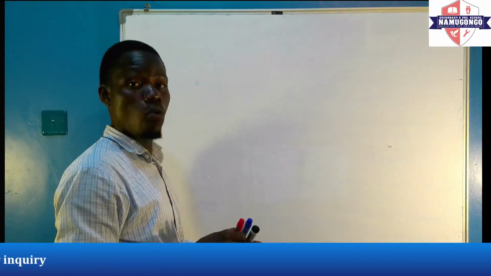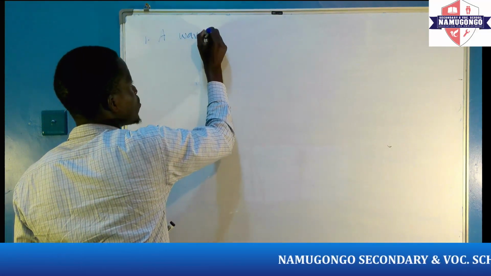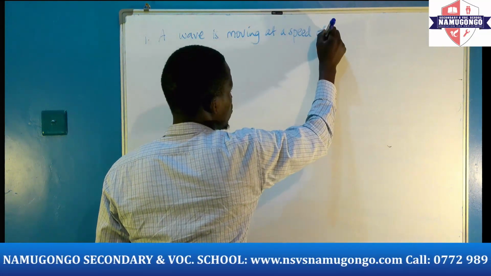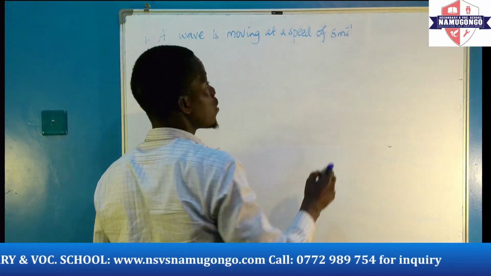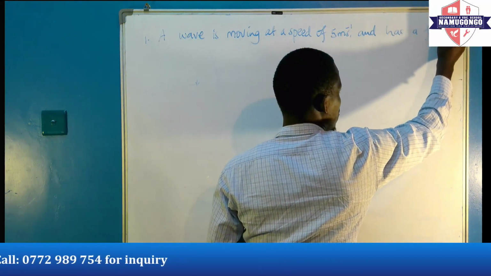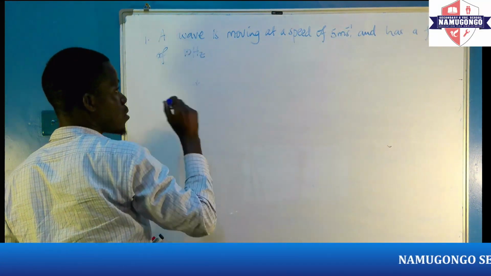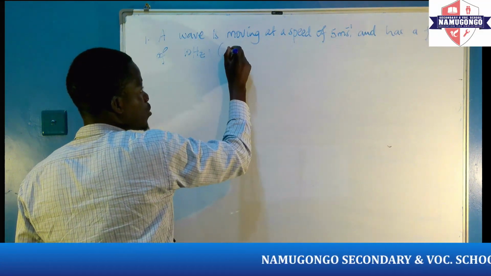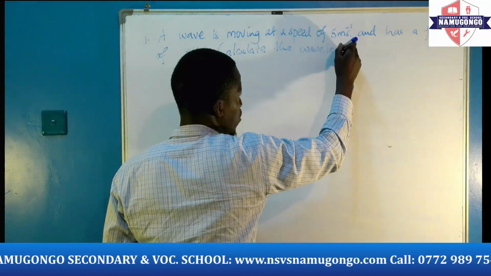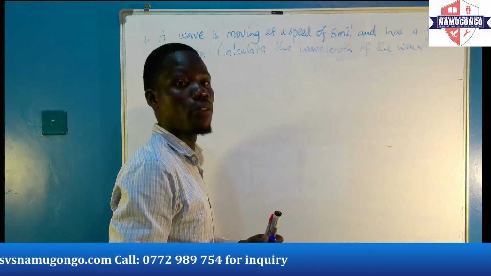A wave is moving at a speed of 5 meters per second and has a frequency of 10 hertz. Calculate the wavelength of the wave.